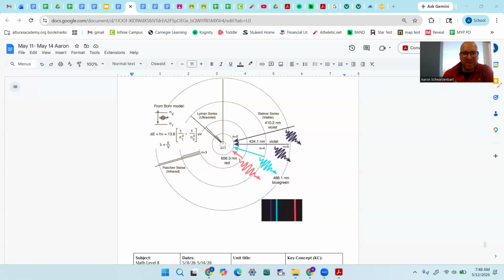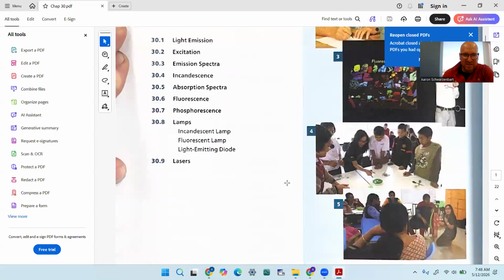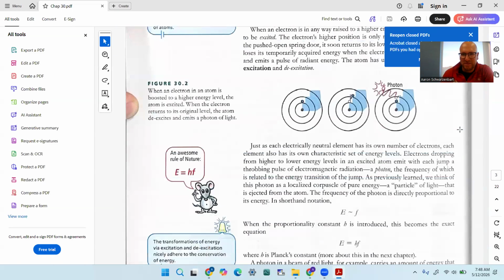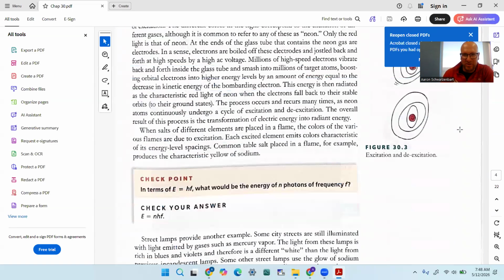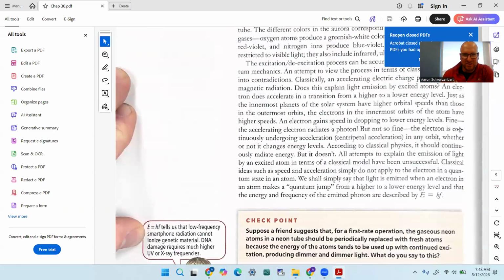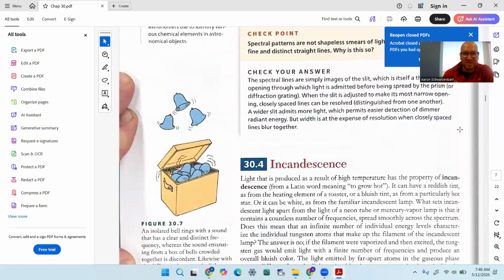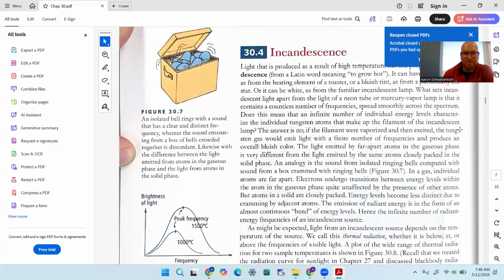Okay, we're going to talk about incandescence, and this is kind of where the ultraviolet catastrophe came in. Incandescence is the glowing of hot objects. An incandescent light bulb is the standard old style light bulb. It is glowing metal.